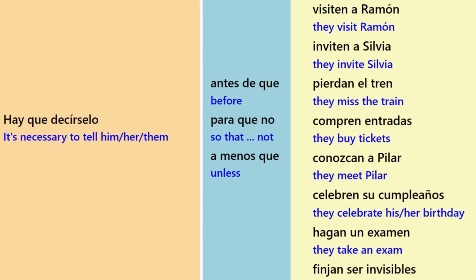Okay, let's do it the other way around now. How would you say you have to tell them so that they don't meet Pilar? Hay que decírselo para que no conozcan a Pilar.